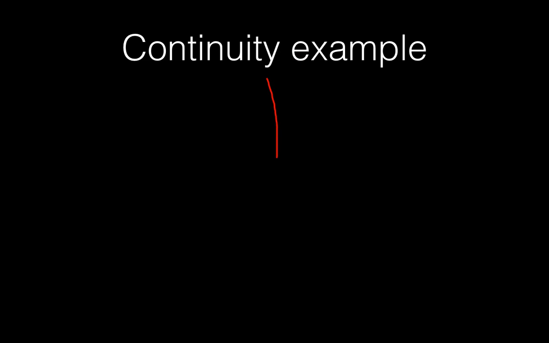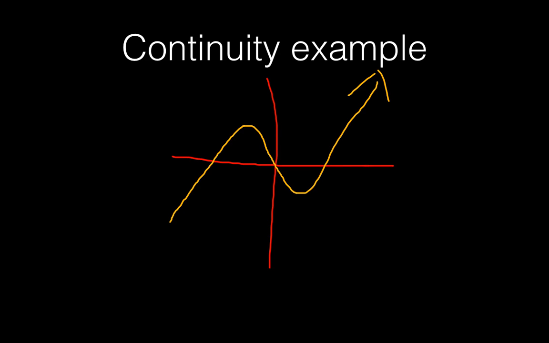Again, we are asked to determine the continuity of a function based on a graph. The graph we have is a cube root function that looks something like this. Based on the graph, we can see that there are no holes anywhere, and there are also no asymptotes.